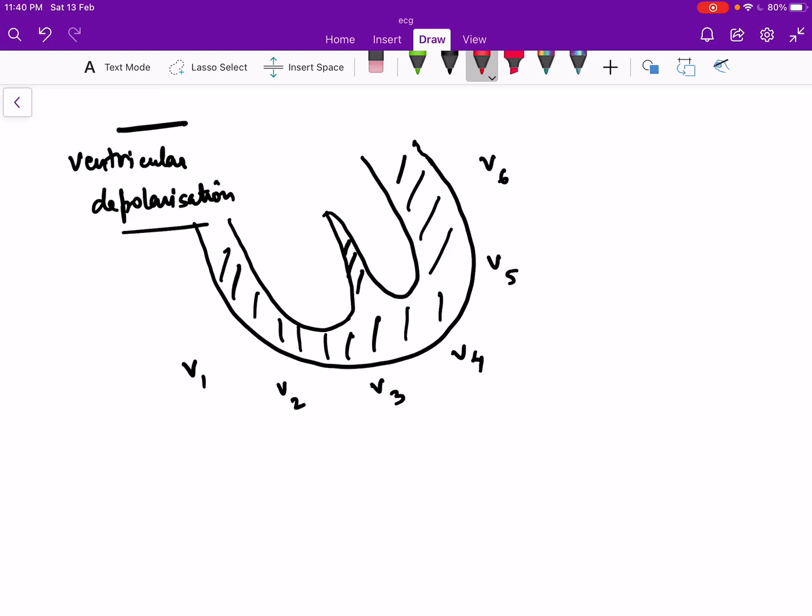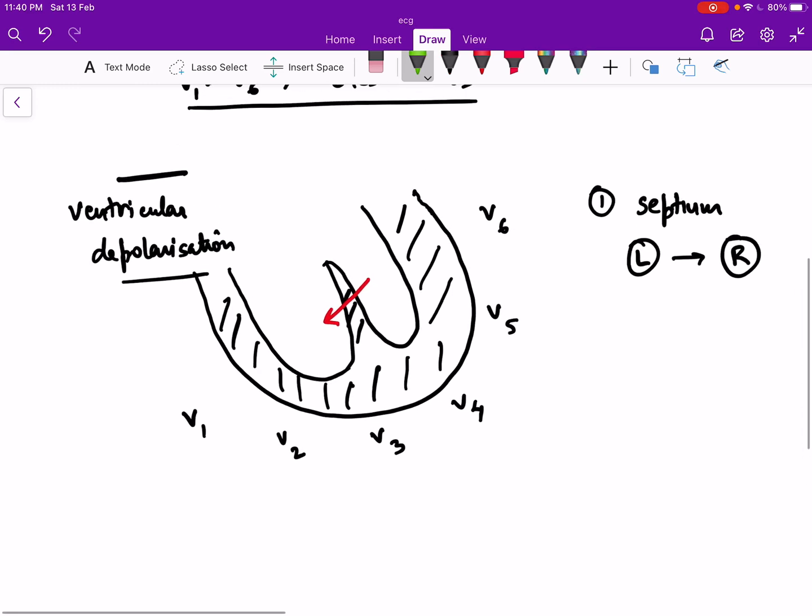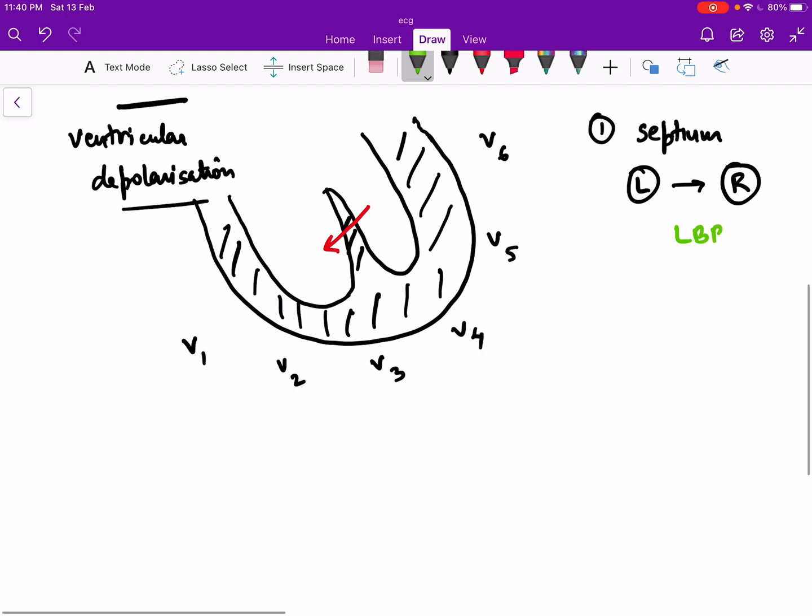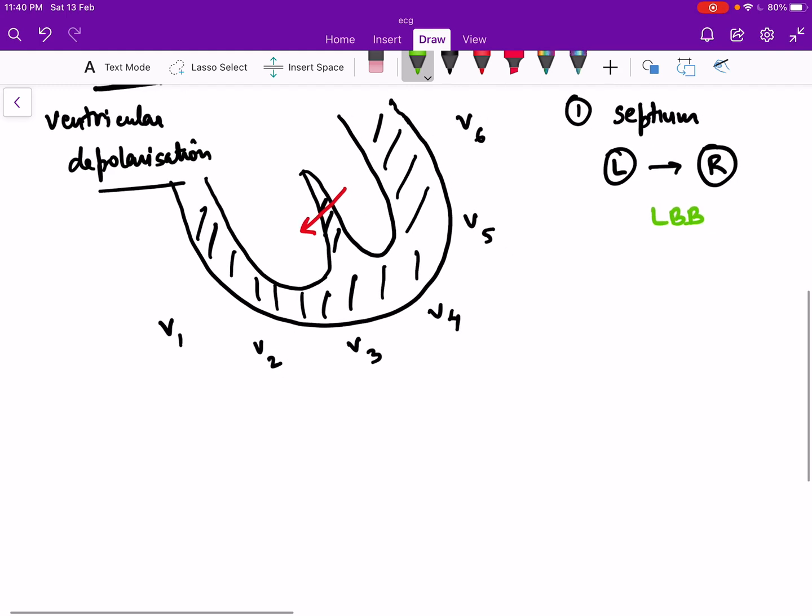It begins with the depolarization of the septum, which is from left to right in this direction, and this is done by the left bundle branch. So whenever there is ventricular depolarization, it occurs from left to right, done by the part of the left bundle branch.